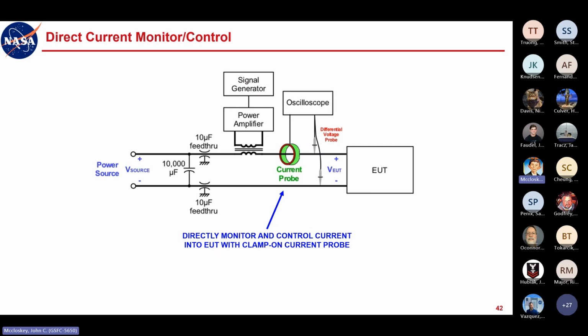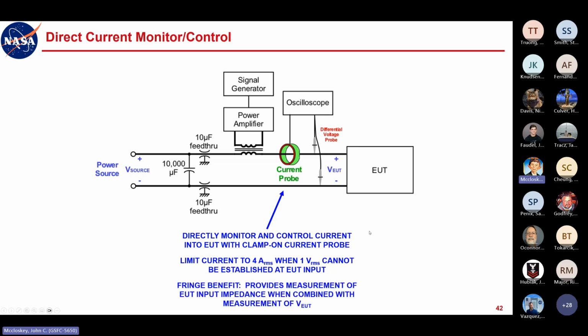In our case the default is 1 volt RMS, and then limit the current to 4 amps RMS. So if you hit 4 amps before you reach 1 volt, stop. And again, you meet the requirement. There's no waiver. You're meeting the requirement whether you hit 1 volt RMS or whether you hit 4 amps first.